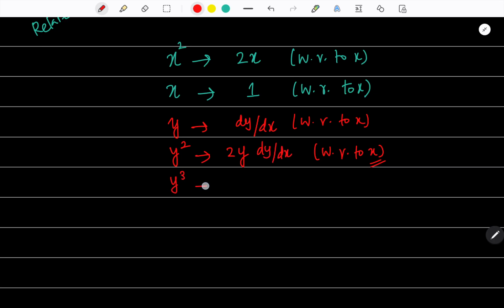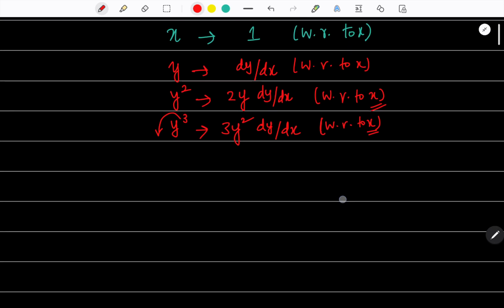Similarly, what's the differentiation of y cube with respect to x? If you write the answer 3y square, it means you just stopped with y. But we are doing with respect to x. So 3y square dy by dx.